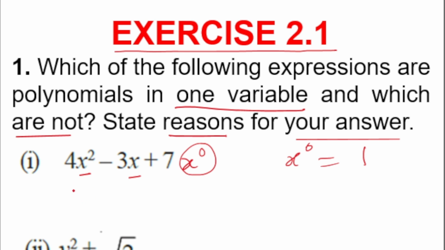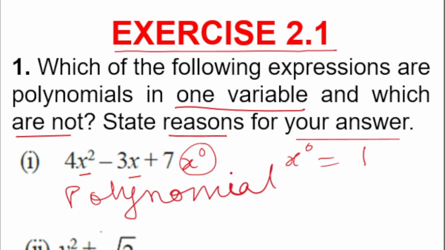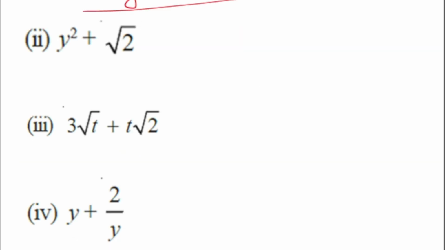Therefore, it is a polynomial, right? And this will be the reason: the powers of the variable are whole numbers. Therefore, it should be a polynomial. So in this case, the powers of the variables are 2 and 0. Therefore, it will also be a polynomial.